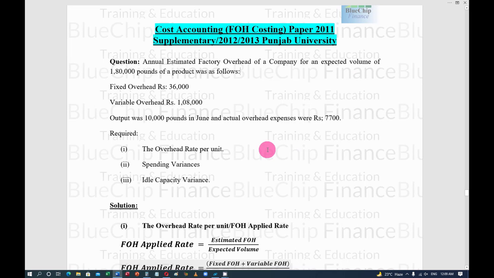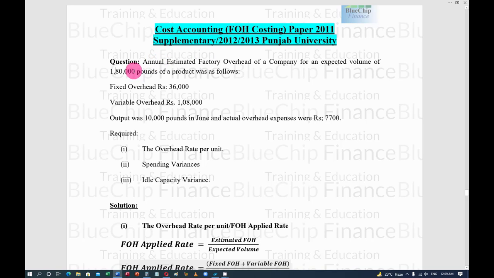The next question of FOH costing variance analysis is from the papers 2011 supplementary, 2012 and 2013 annual. The question is that the annual estimated factory overhead of a company for an expected volume of 180,000 pounds of a product was as follows. That is the budgeted capacity, because it is annually estimated.